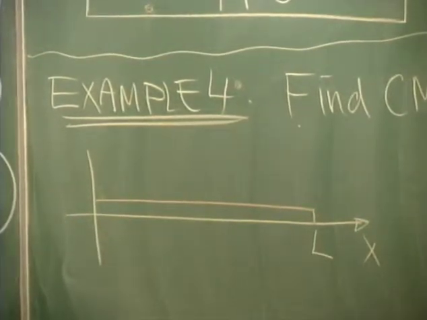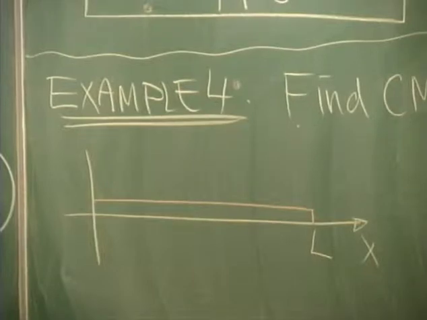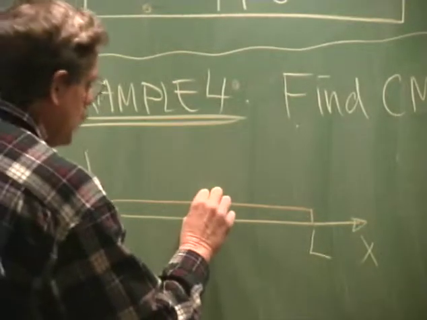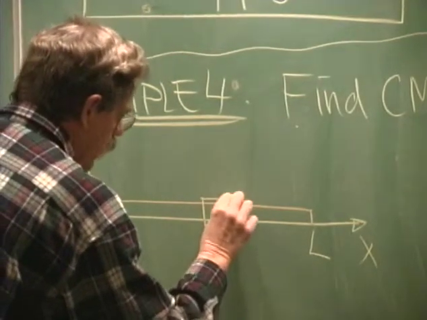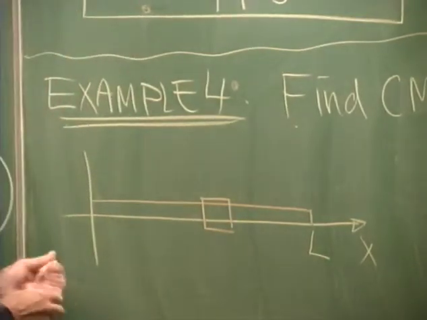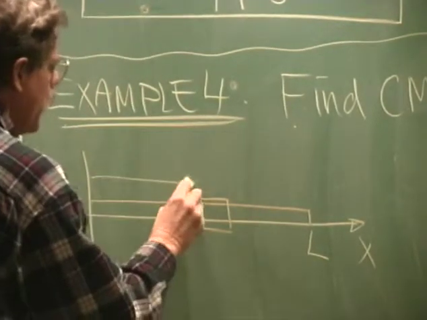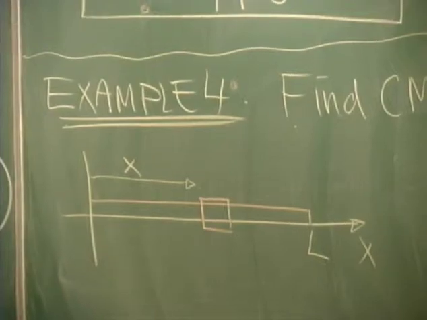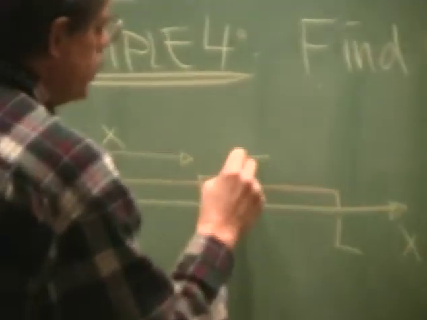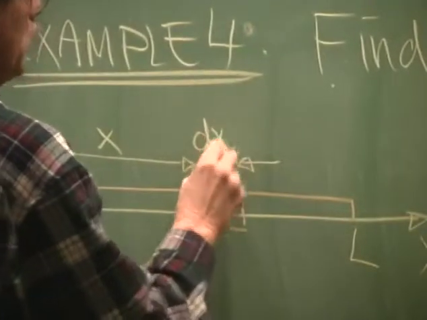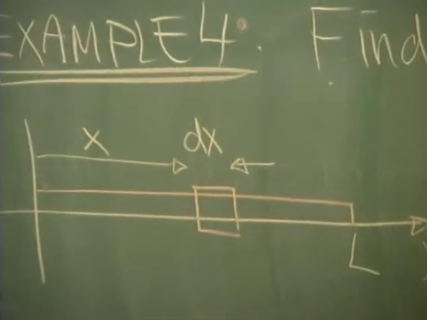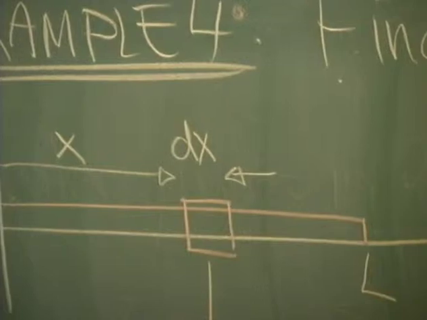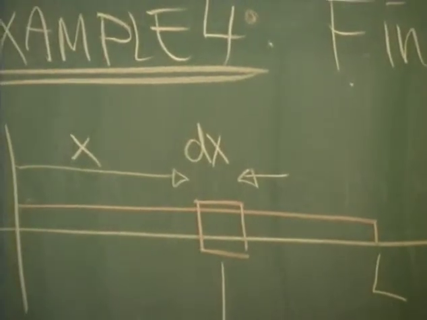What I'm going to do is chop it up into pieces, a little piece here, that little hunk, which is out at a distance x and has a width, let's call it dx. Now you tell me, what is the mass of that little chunk, what we'll call dm?